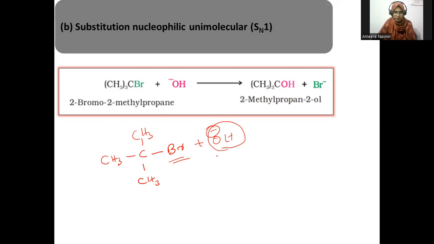In the last slide, we saw that a tertiary alkyl halide doesn't undergo SN2 reaction as there is a lot of bulk around the carbon atom and a lot of steric effects. So let's see how it's possible to replace this Br with this OH minus group.